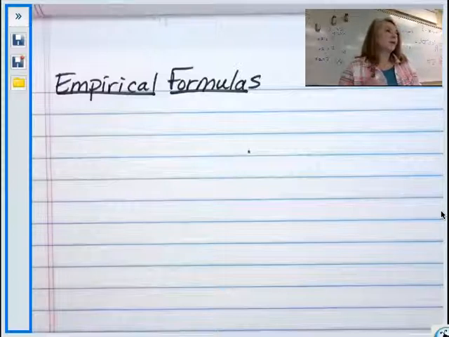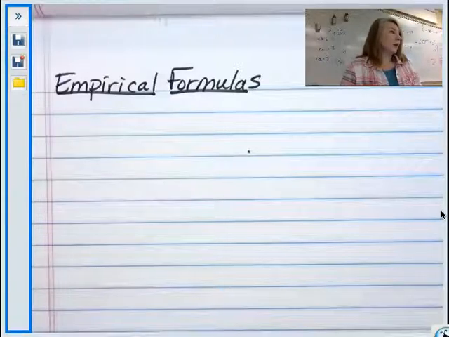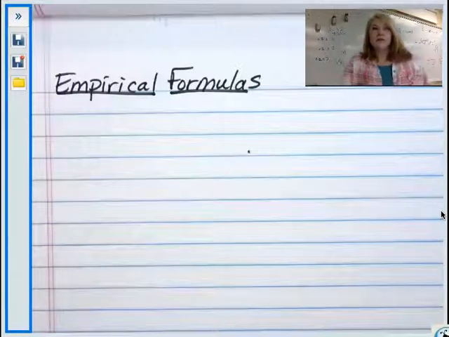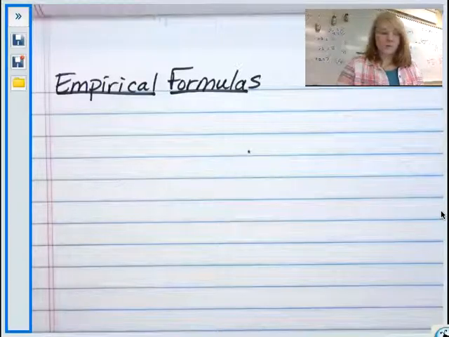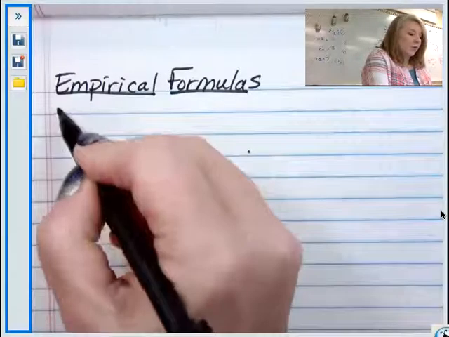But empirical formulas is something that we honestly cannot skip. It's a skill that you've got to know. It's just part of knowing some chemistry-related skills, and so we're going to learn how to calculate an empirical formula today, okay? So let's define what an empirical formula is.